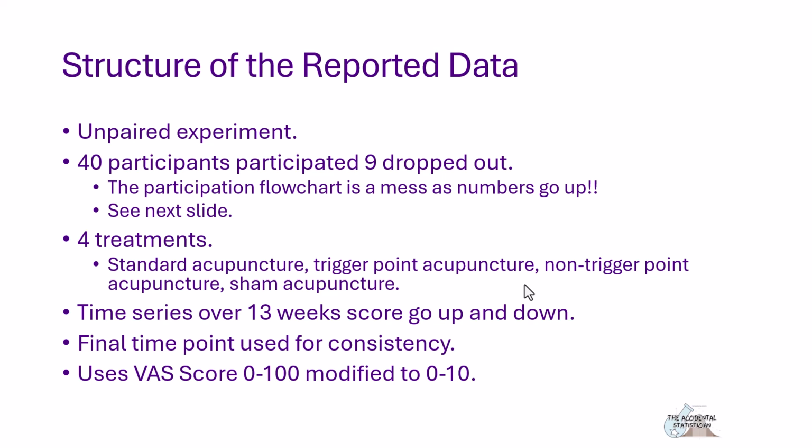And it's taken over a 13-week time series where there's some upward movement and downward movement. The VAS scores are 0 to 100, so modified to 0 to 10 as usual. And the final time point is the one that I've taken for consistency with Itoh and Teles and the others.